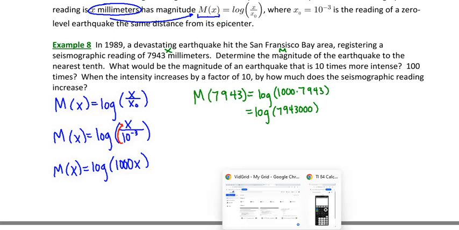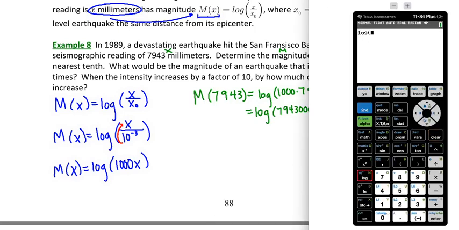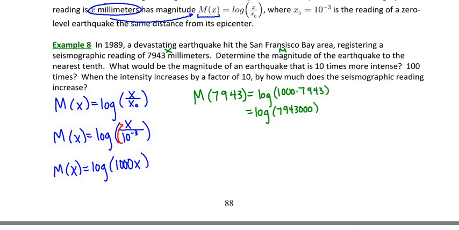So let's type this into our calculator. We have log base 10 of 7,943 and 3 zeros. And we come up with a scale or a score of 6.9. Generally, the magnitude is given to the nearest tenth. So that was a 6.9 earthquake there in 1989.